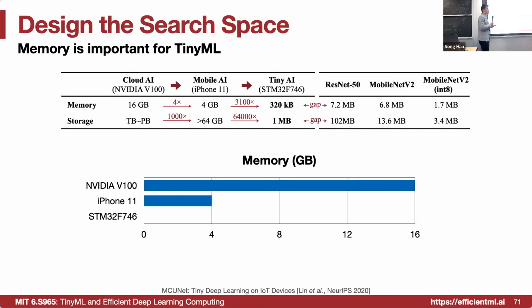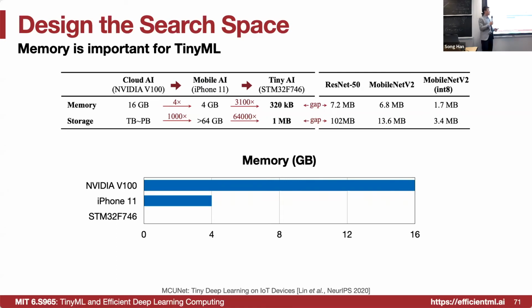Designing the design space is very important when you are trying to target a new design constraint. For example, tiny machine learning on microcontrollers has a much smaller amount of memory compared with mobile AI and cloud AI. From cloud AI to mobile AI, the memory is reduced by like 4 times, but tiny AI is reduced by 3 orders of magnitude.